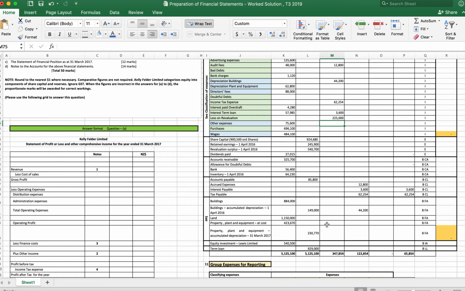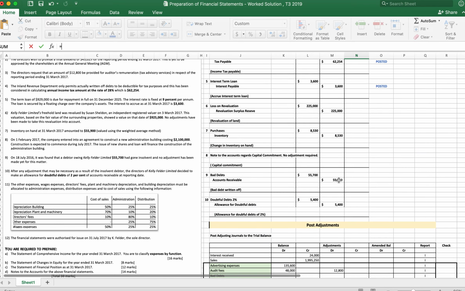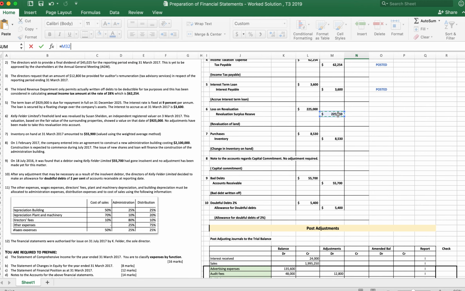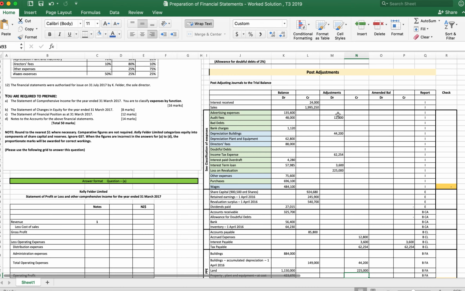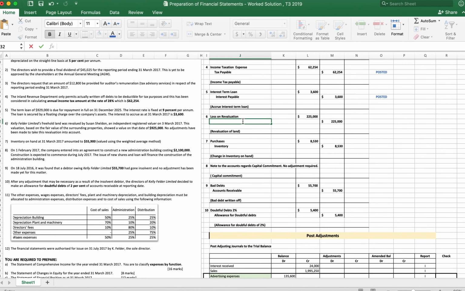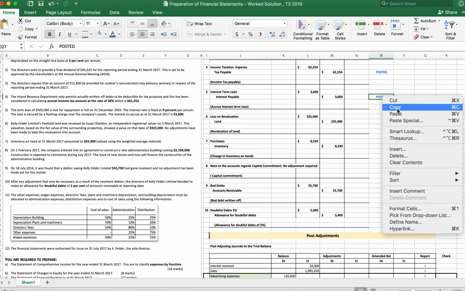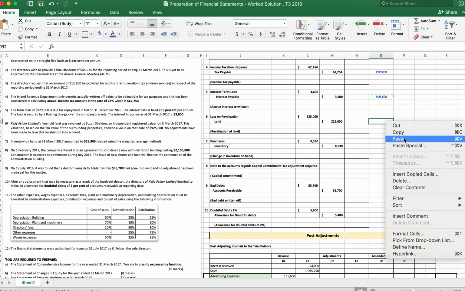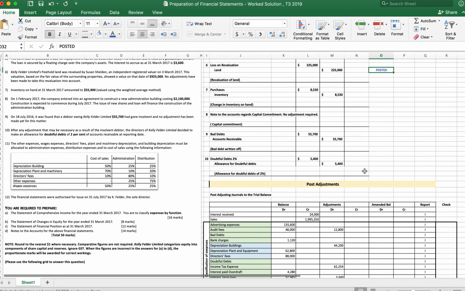The other one goes to land, reducing the value of land. It should actually say land. Okay, purchases.